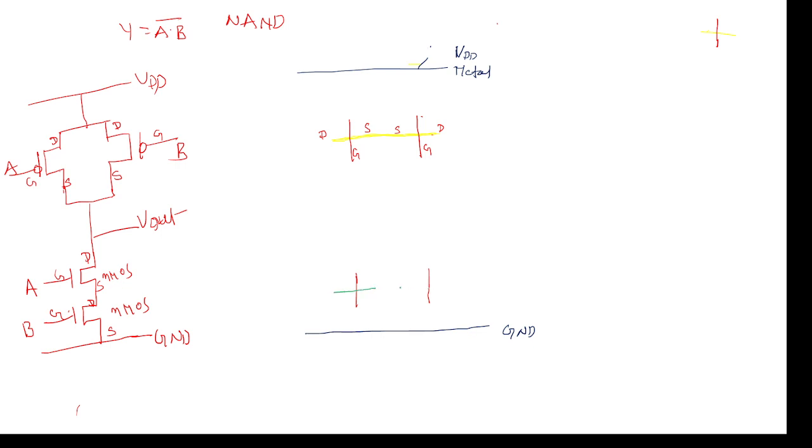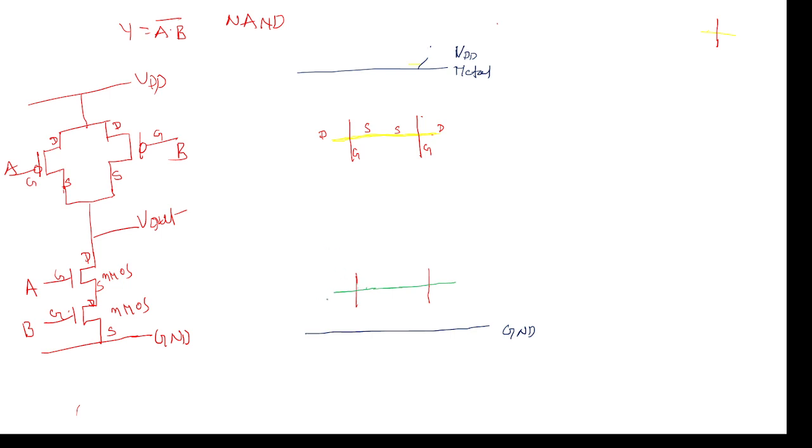I am extending here, so this is one transistor, and we can connect both the transistors. So this is green over poly, or else poly over green is also correct. If red is drawn horizontal, green you can draw vertical. Both are correct, no problem.